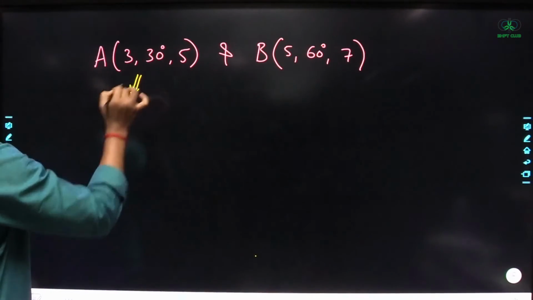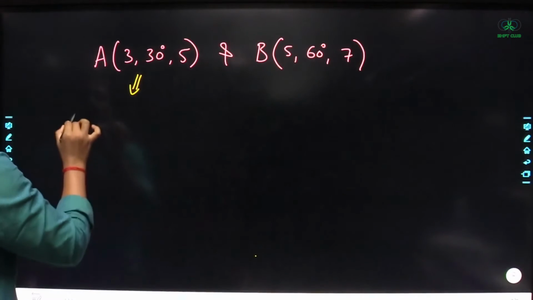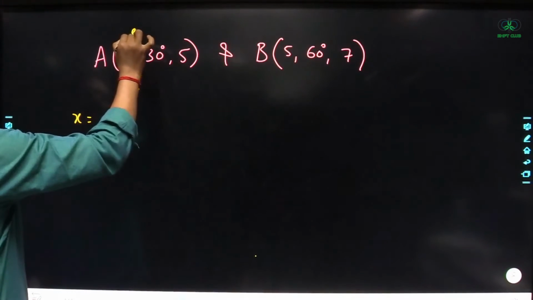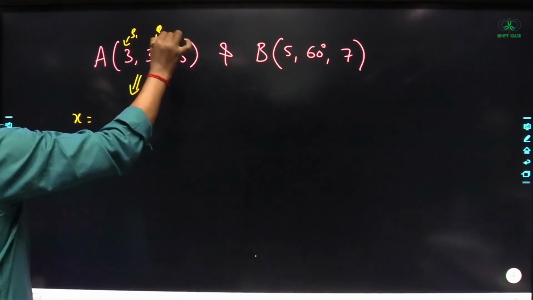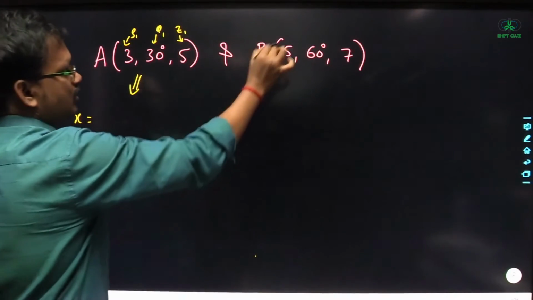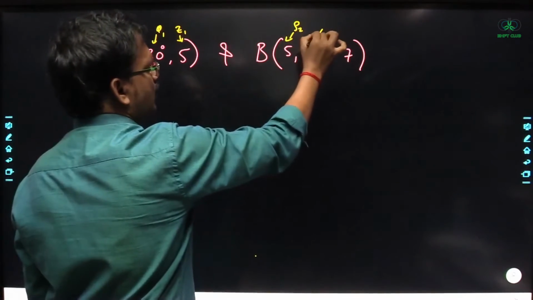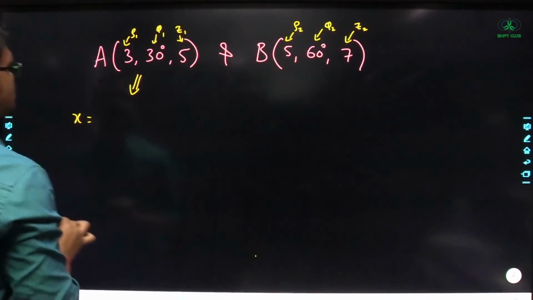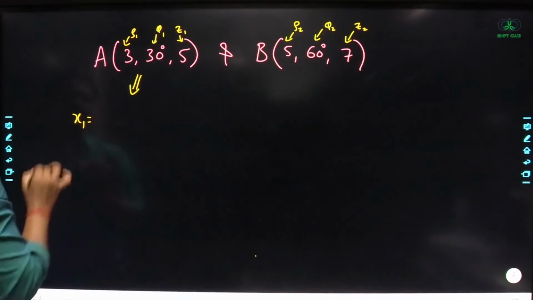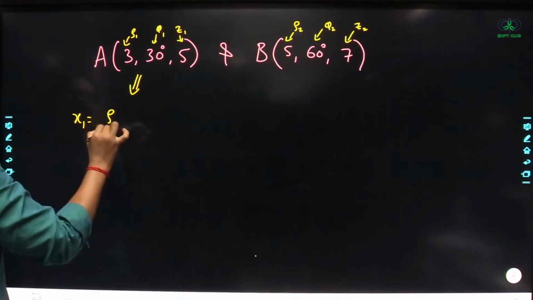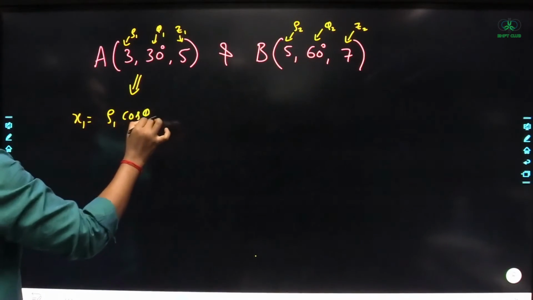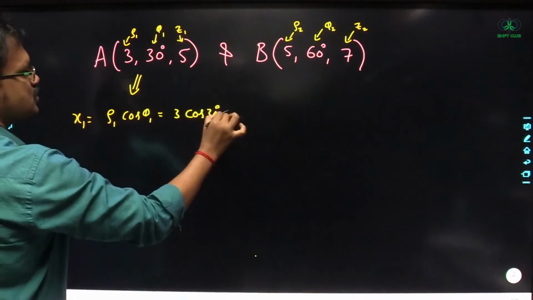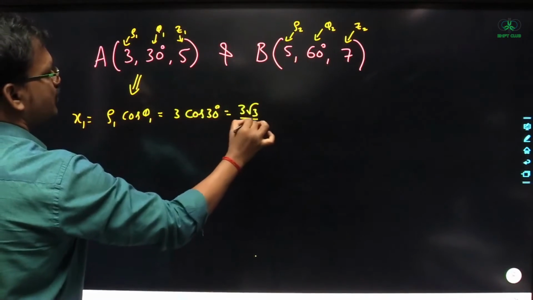So convert this point into the rectangular coordinate system. What are you going to get? Let us say this is rho 1, phi 1, z1, and this is rho 2, phi 2, z2. So x1 is equal to rho 1 cos phi 1, which is 3 into cos 30 degrees, which is equal to 3 root 3 by 2.